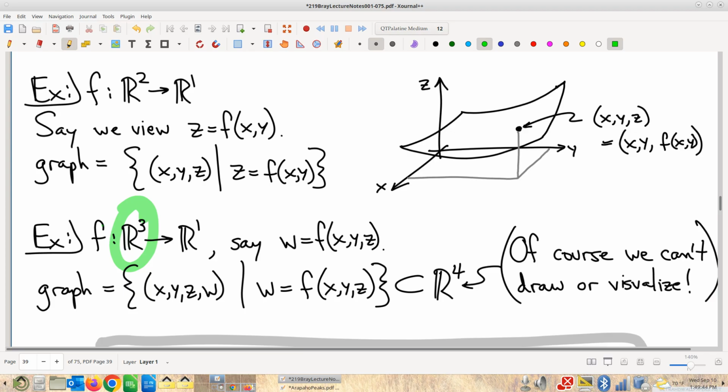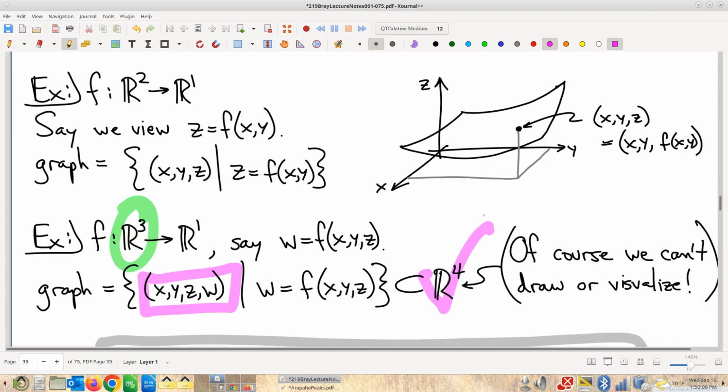That means the graph consists of a bunch of points that live in 4 dimensions. We can't draw it. Right? Crash and burn. This doesn't work. Doesn't make any sense. I don't know. I can't. We're mere 3-dimensional critters. We don't know how to draw in 4 dimensions. Does everybody see the problem there?